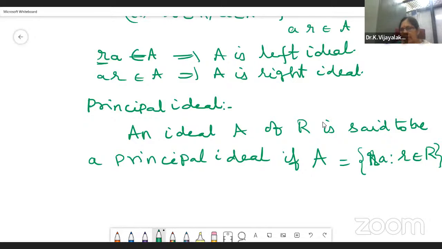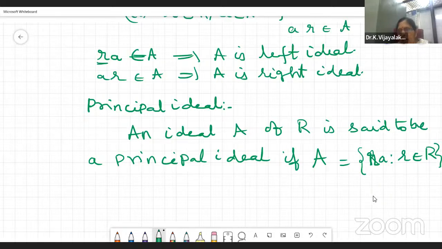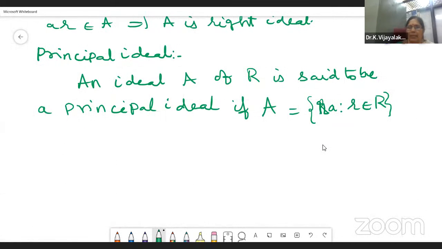So if every ideal of a ring is a principal ideal, it is known as a principal ideal ring.